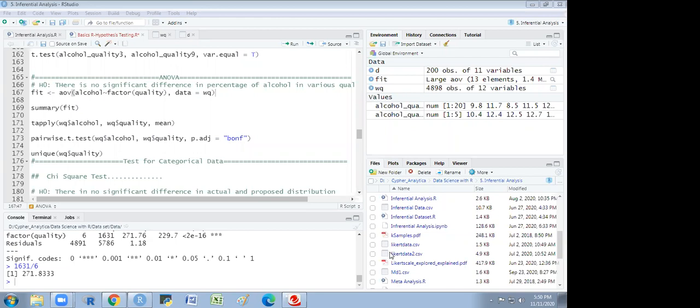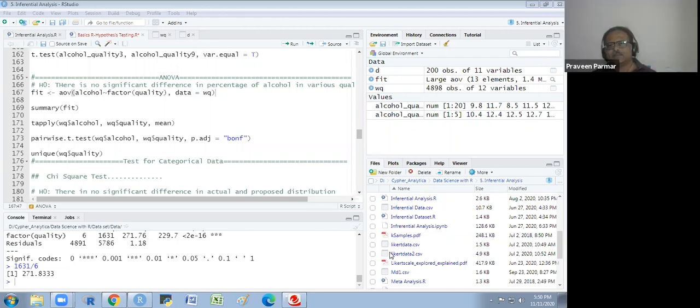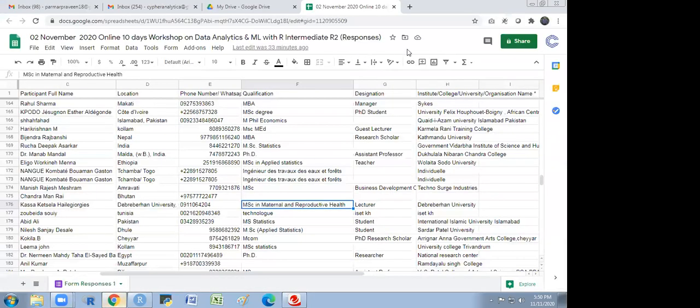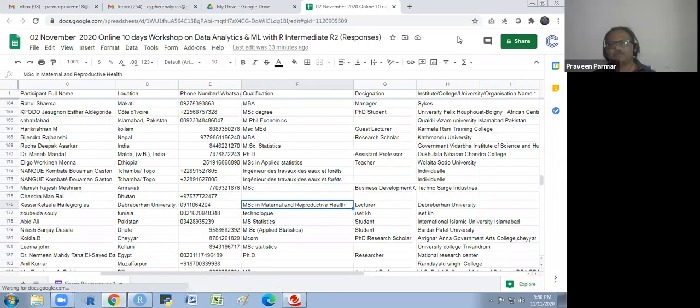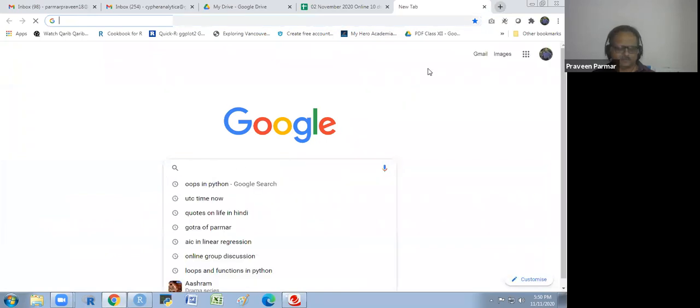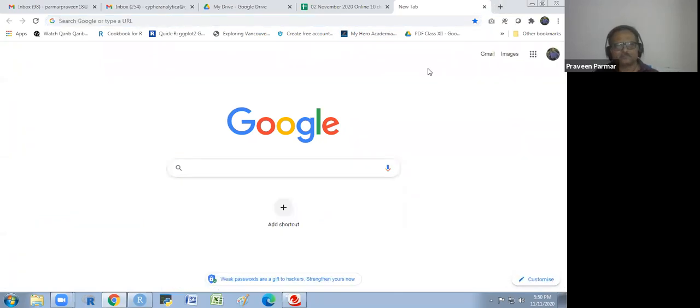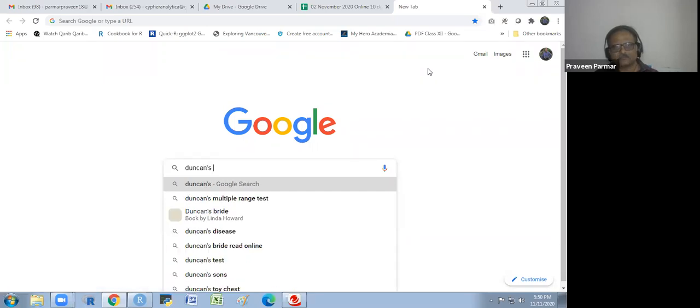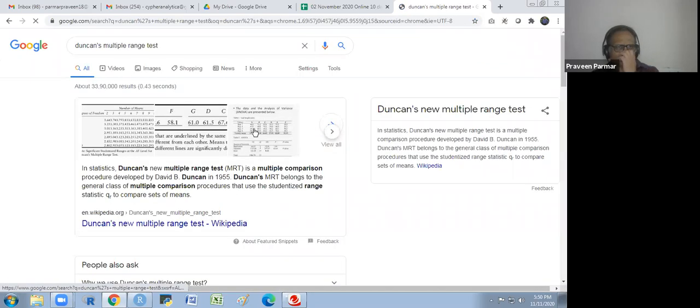It's a range test. Is it multivariate rank or range? Range. I am a little bit confused. Multiple range test. Correct, correct.